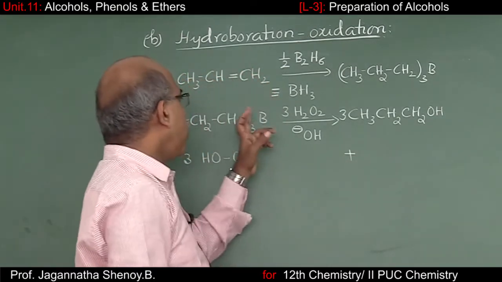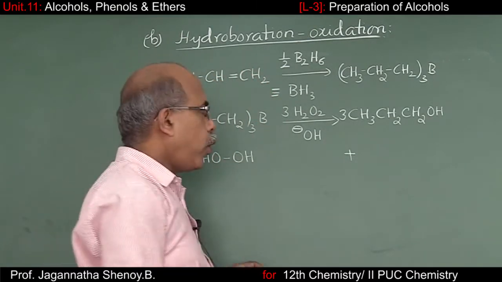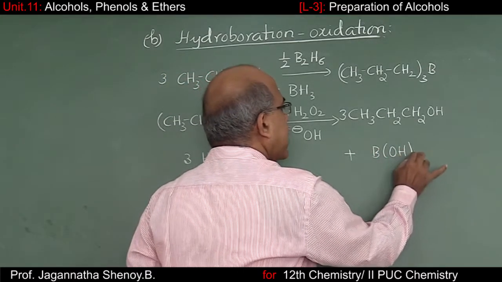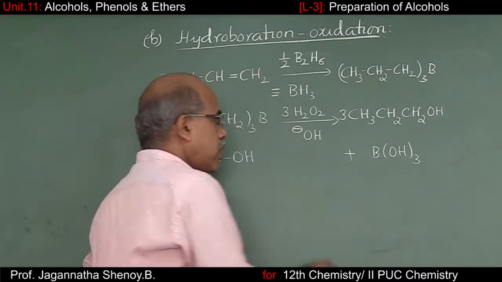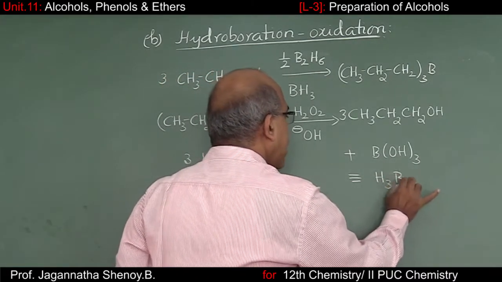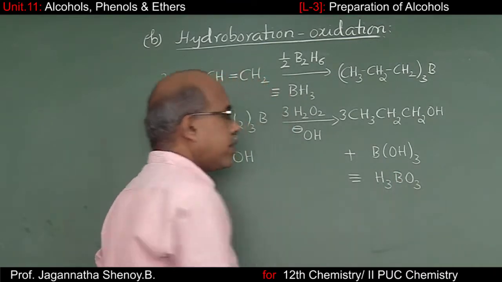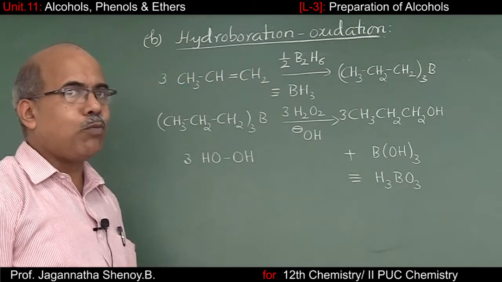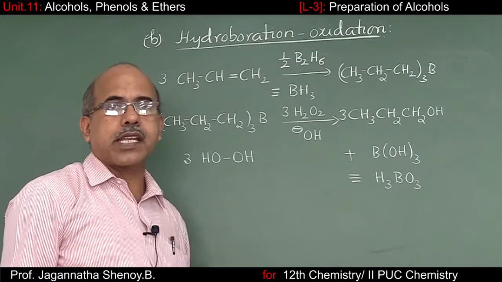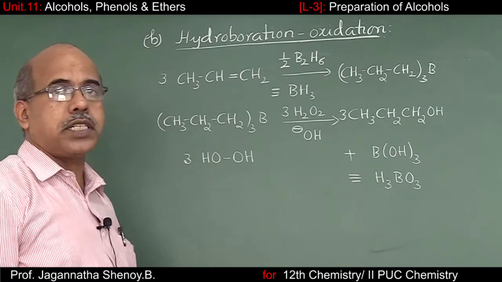And what should be the byproduct? Boron is combining with 3 OH groups. What we get is B(OH)3, or this molecule can also be represented as H3BO3. This is nothing but orthoboric acid. So what is your observation in case of hydroboration oxidation?